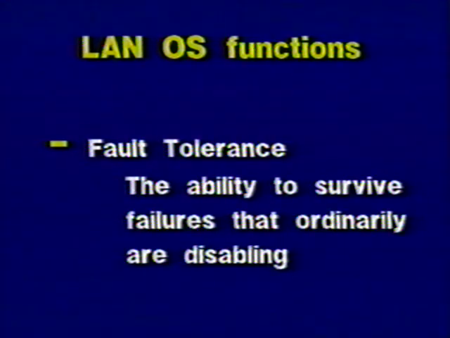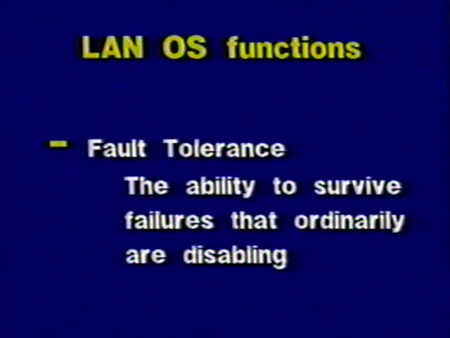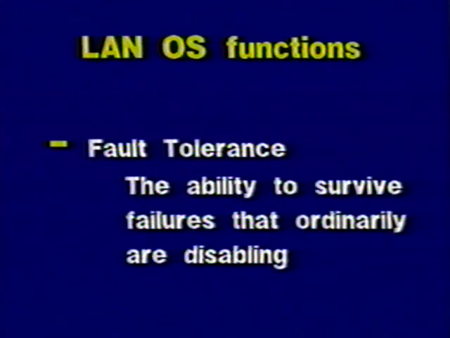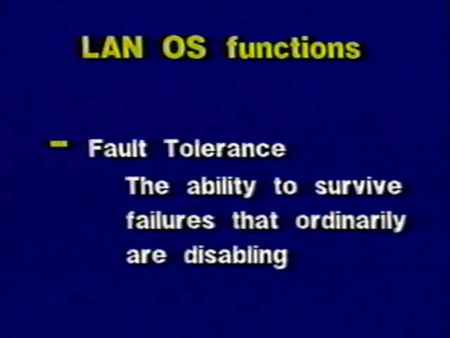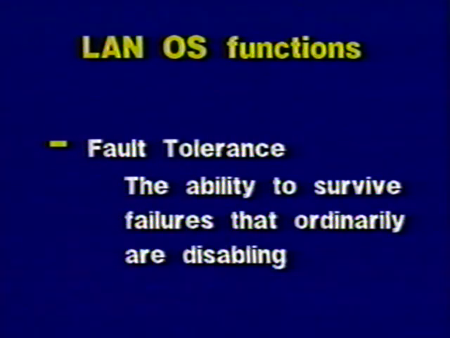The next LAN OS function we're going to talk about is fault tolerance. And fault tolerance is defined as the ability to survive failures that ordinarily are disabling. A few examples of failures would be power failures, disk crashes, or even major user errors that can cause an entire network to become disabled.